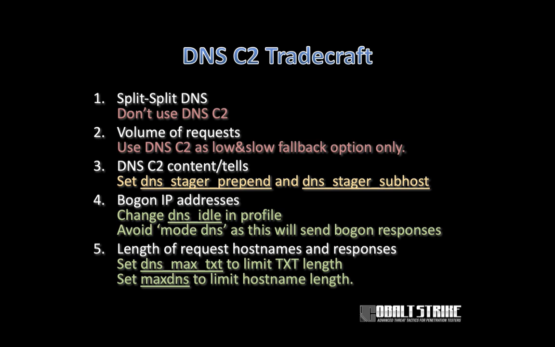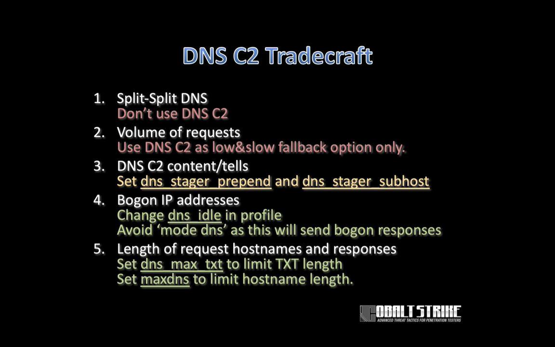Don't use mode DNS though, because the entire 4-byte field, or the entire 4-byte response where an IP address would go, is used to send data back to you, and that will certainly generate bogon responses at some point. In terms of lengthy host names and responses, well, you do have some play here as well.